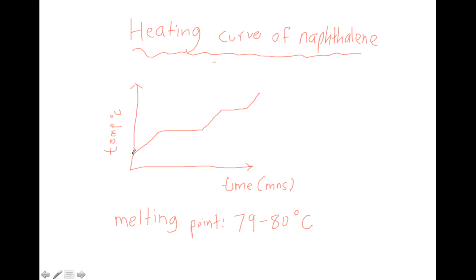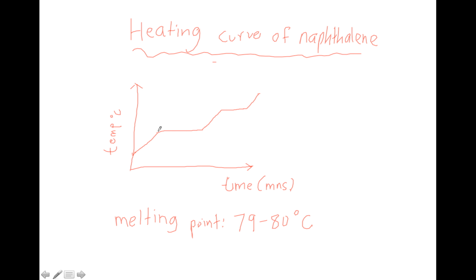Okay. Now I'm going to explain this graph to you. We start off here. Naphthalene is a solid. Temperature increases as time goes on. Is naphthalene a liquid over here? No. All that happens from this point to this point is a temperature increase. The phase is still a solid. Now, what about this line?